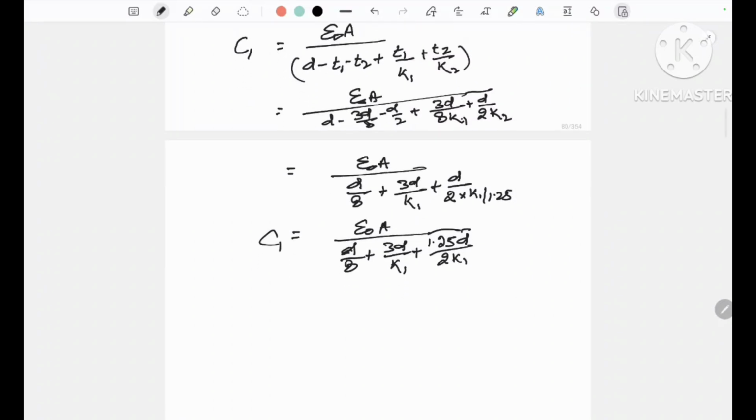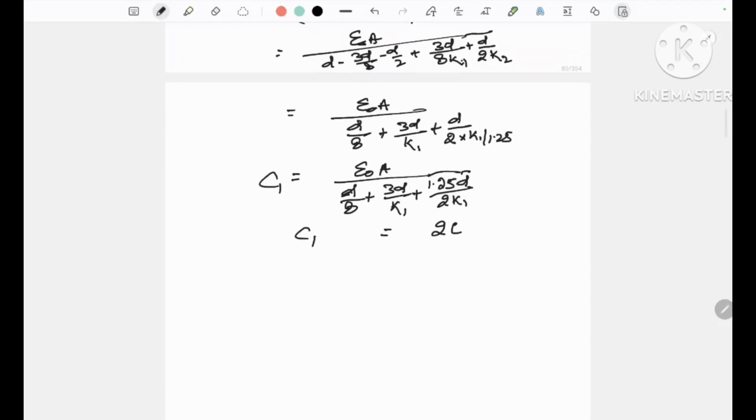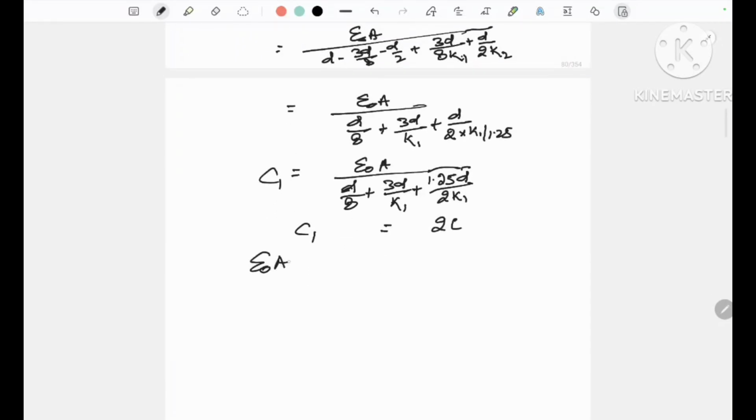C1 becomes double of C, so epsilon A over D by 8 plus 3D by 8K1 plus 1.25 D by 2K1 is 2 into epsilon A by D.